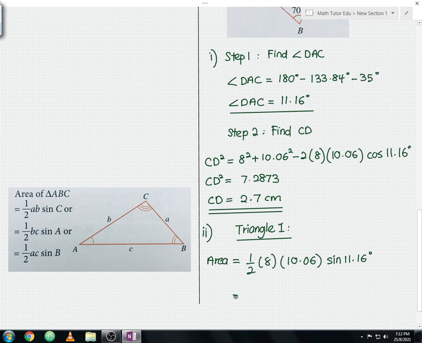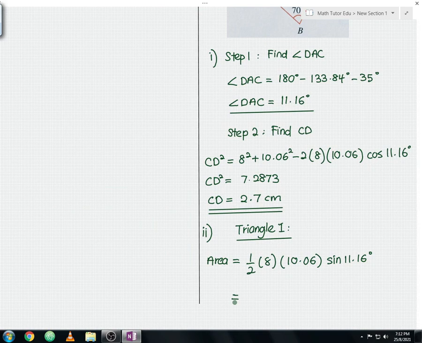Okay, you calculate this, you should get your area of triangle 1 is equals to 7.79 centimeter square. So this is your area of triangle 1. Okay, let me underline the area of triangle 1.